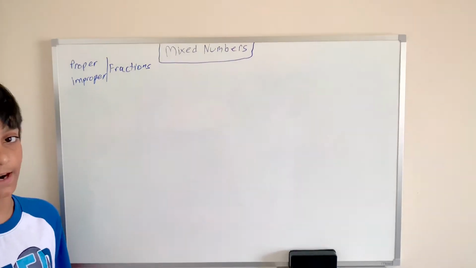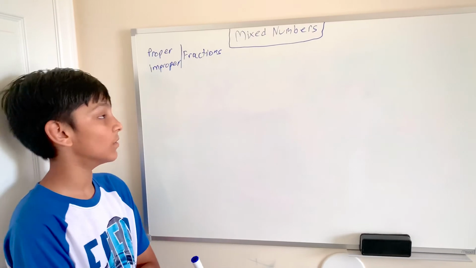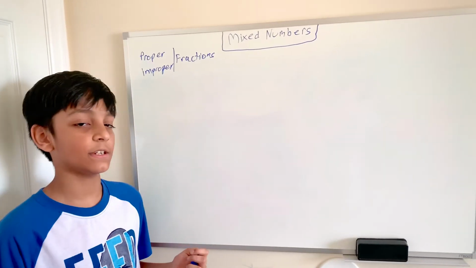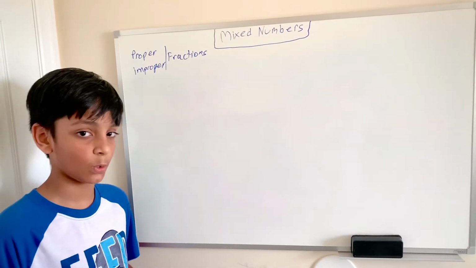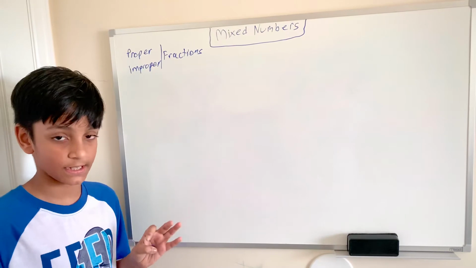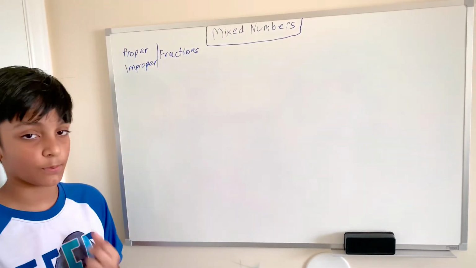A proper fraction is any fraction that is less than one whole. And an improper fraction is any fraction that is more than one whole. So let's see a proper fraction.